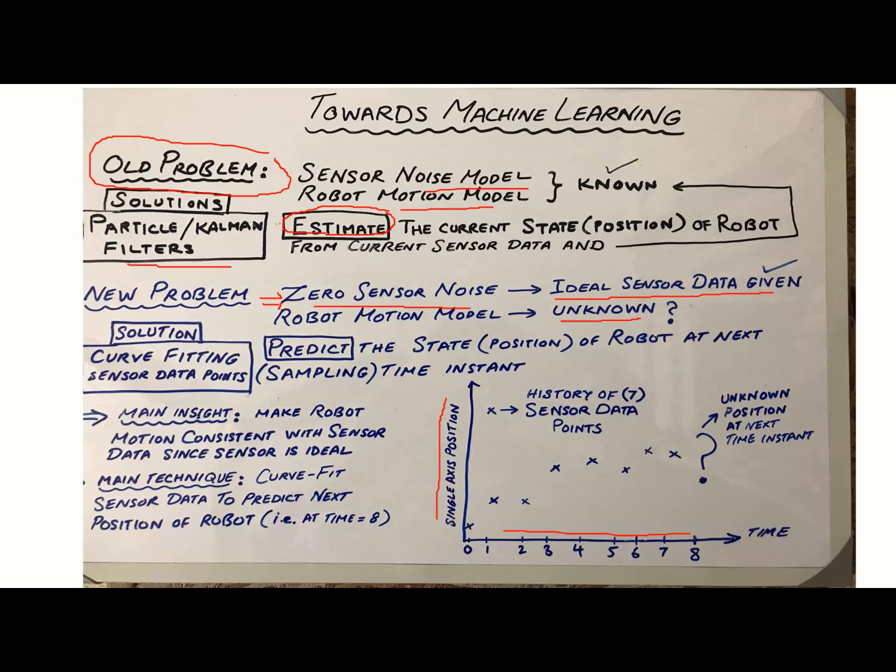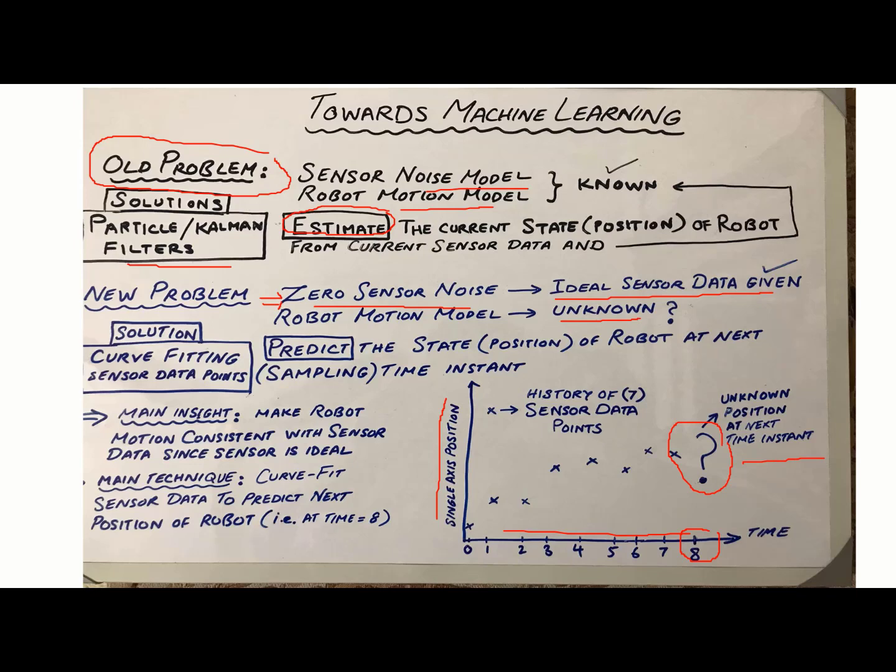If we sample robot position at regular intervals, we are going to get some data points plotted on a graph like this. Let's say we have data up to time instance number 7. And our goal is to predict the position of the robot at the next time instance, that is time instant number 8.